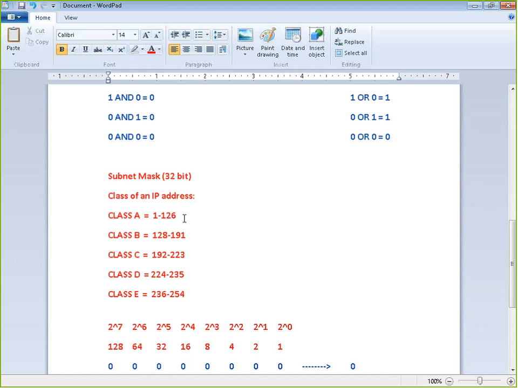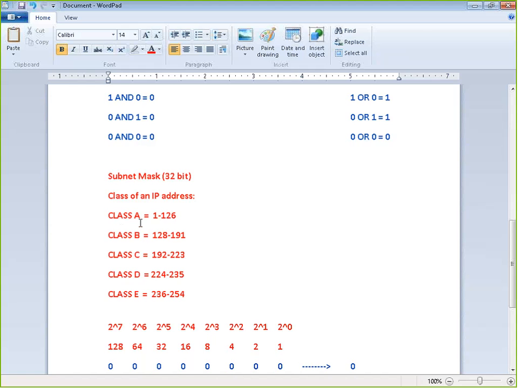That's the reason I cannot include 0 in the class aspect of it. So the first octet cannot be 0. Understand that? Clear about that now? Understood this aspect? So in the first octet, all the bits cannot be zeros, or the decimal value cannot be 0. That's why you do not have 0 here.